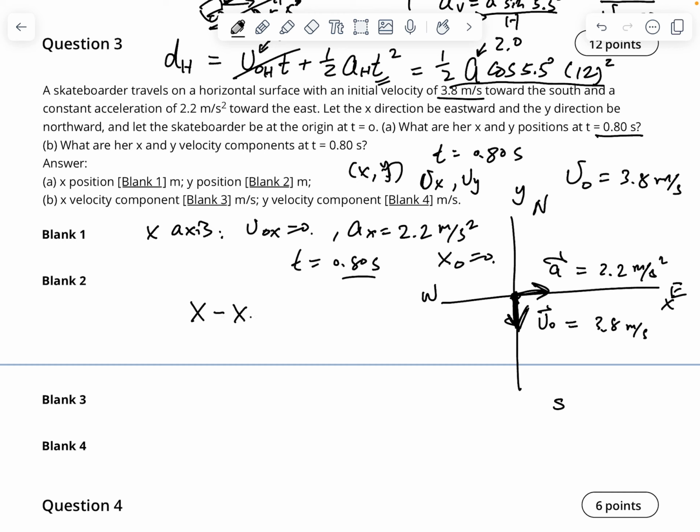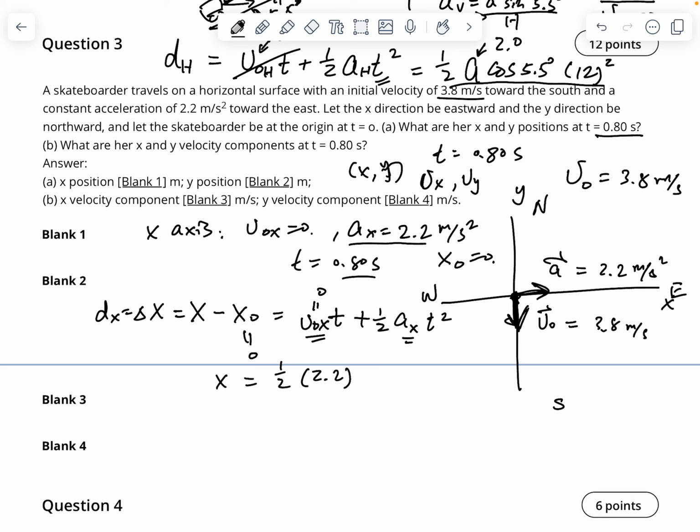So x minus x naught, this is delta x, or also we call it dx, equal to v naught x t, because they have motion with constant acceleration, plus 1/2 a x t squared. All right, so this is 0. So x equals, this is 0, equal to 1/2. ax is 2.2, and the time is 0.80 squared.